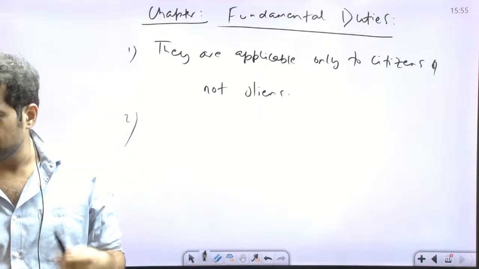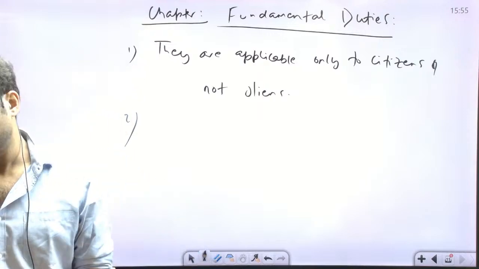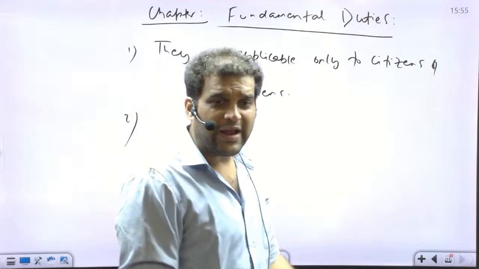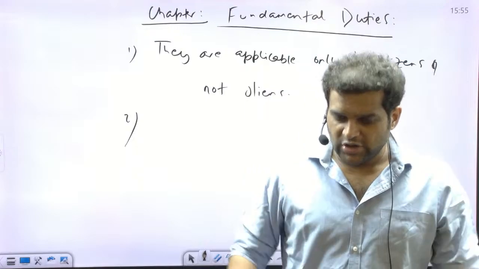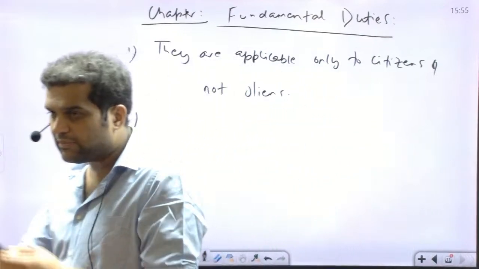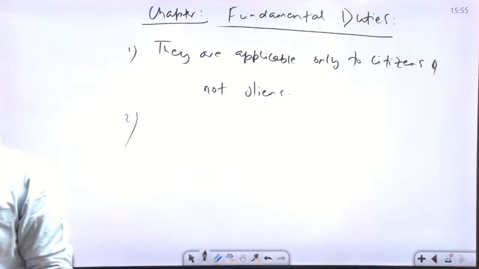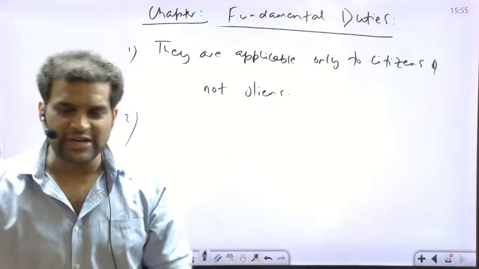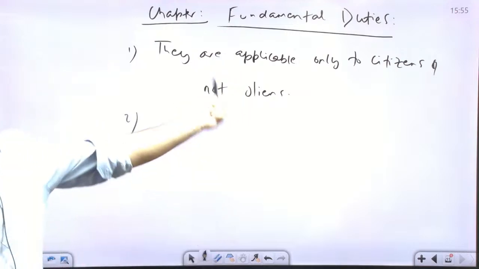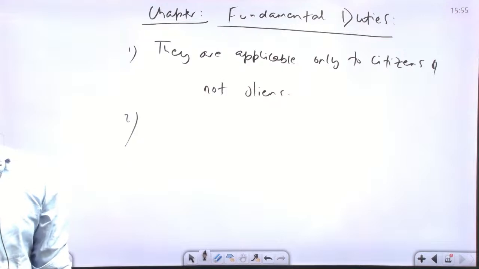To develop a scientific temper is also one of the duties. That is, not to follow blind superstitions, to develop a scientific attitude towards life, towards your own life, and towards society. So these are just a simple set of moral codes of conduct which have been given the name of fundamental duty. Yes or no? All right.